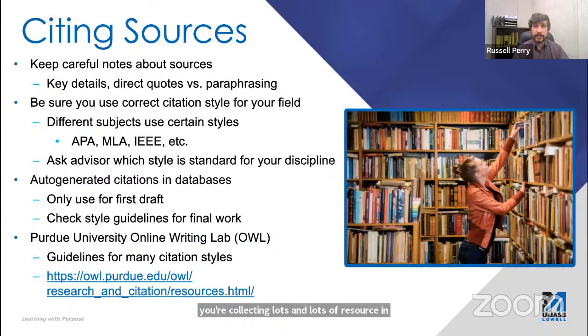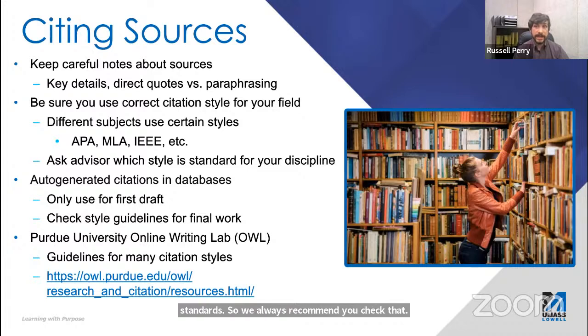But we always recommend you check those against the style guidelines for your final work, because as an automated system, sometimes things might slip through the cracks, might miss particulars about capitalization or punctuation. And depending on the circumstance, things can be very particular when you're measuring against those standards. So we always recommend you check that.